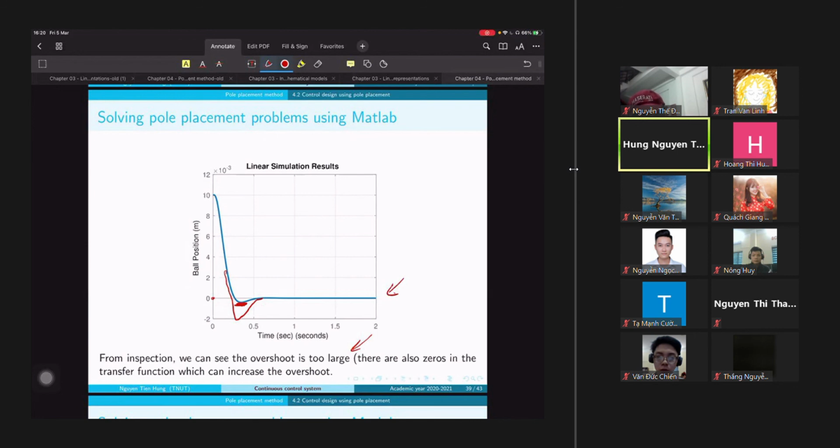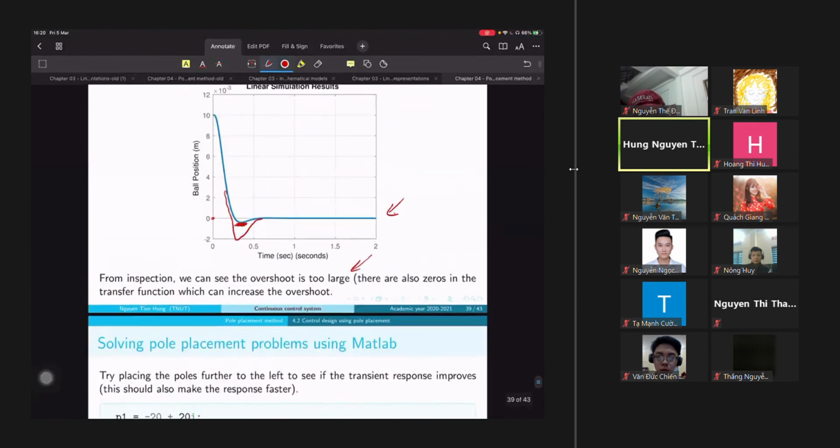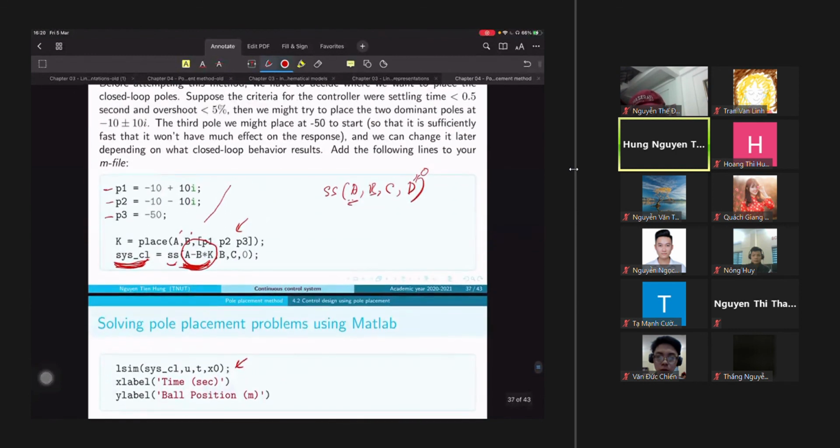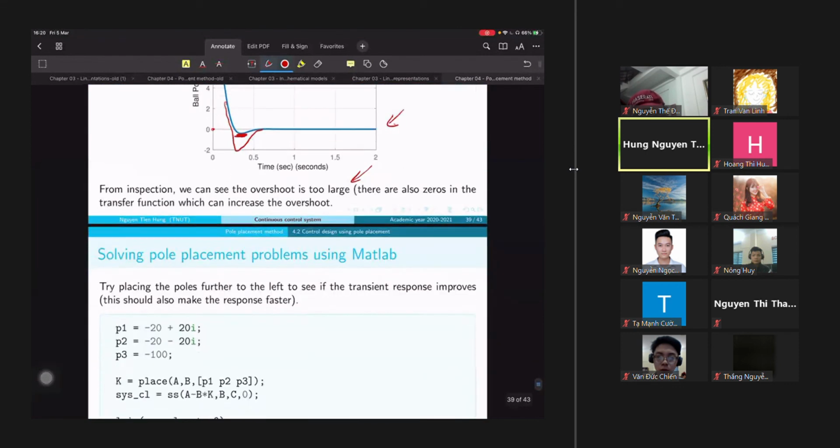So if you would like to reduce this, we will check with other poles. This is the first test, the first try, and you can do a second try.